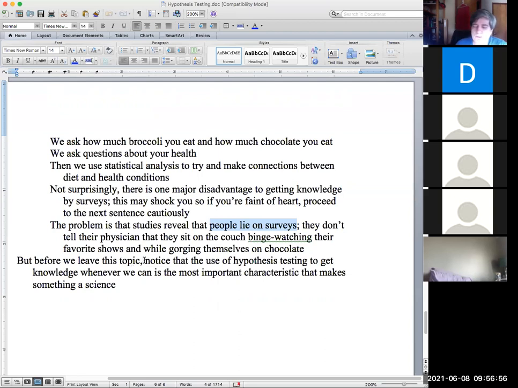So keep in mind, hypothesis testing is our first choice. If we can use hypothesis testing to get information, to learn something scientifically, this is what we want to do. If we can't use hypothesis testing, then our other choices are we can make a model, either some sort of physical model or a mathematical model.